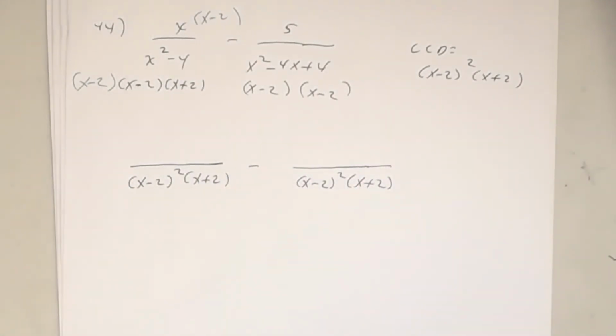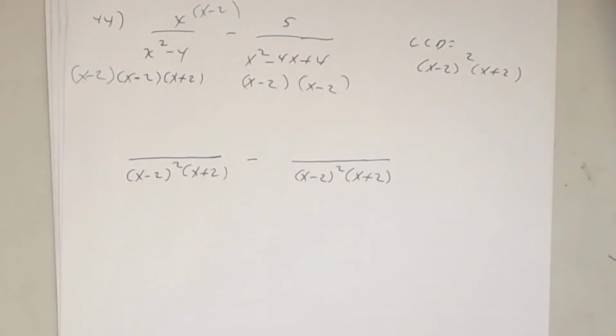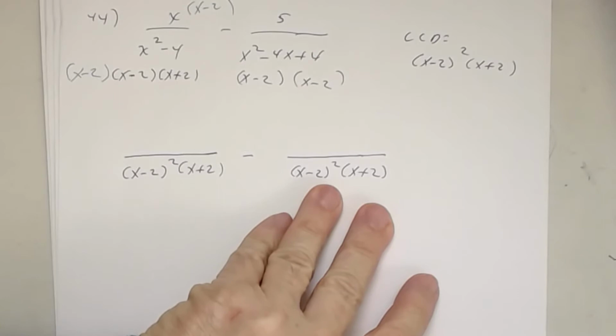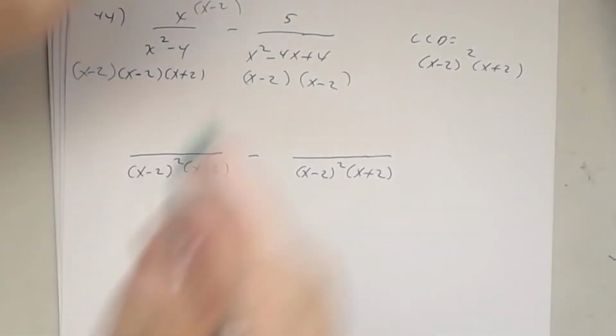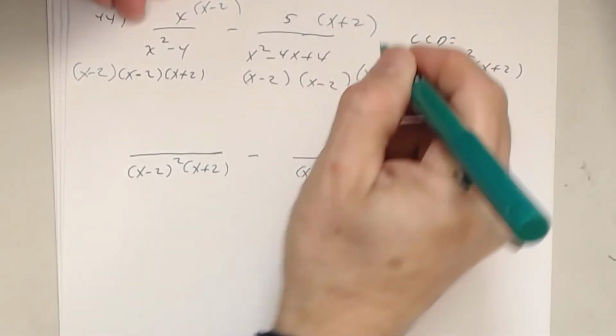So I've got to multiply the numerator by x minus 2 as well. Now look at the second fraction. I want to write equivalent fractions. I have x minus 2 times x minus 2. This is what I want. What's missing? So I'm going to multiply the denominator by x plus 2 and the numerator by x plus 2.